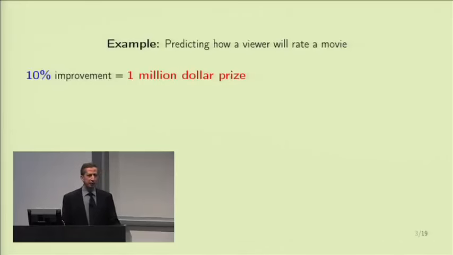So you ask yourself, okay, 10% improvement in something like that, why should that be worth $1 million? It's because if the recommendations that the movie company makes are spot on, you will pay more attention to the recommendation. You are likely to rent the movie that they recommend, and they will make lots of money, much more than the $1 million they promised. And this is very typical in machine learning.